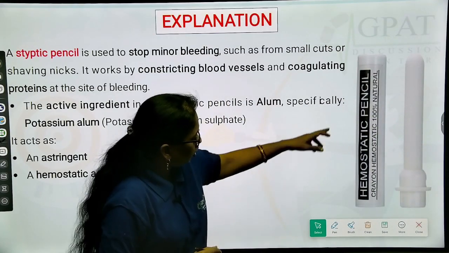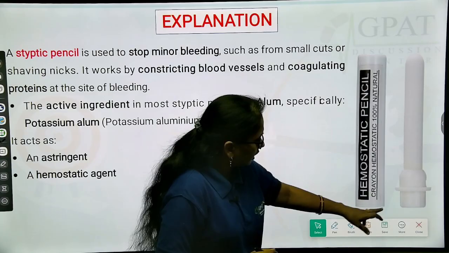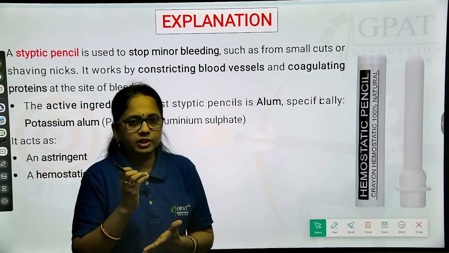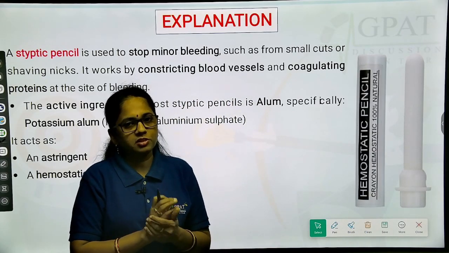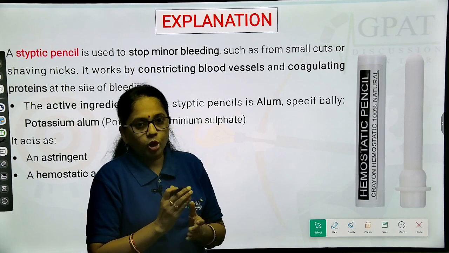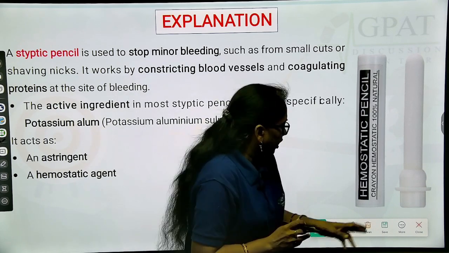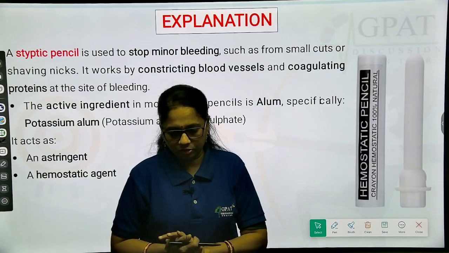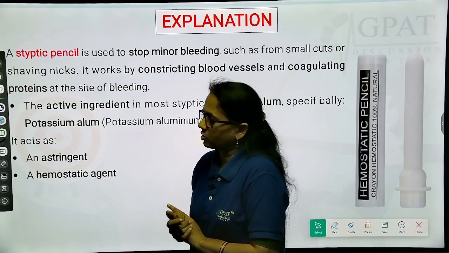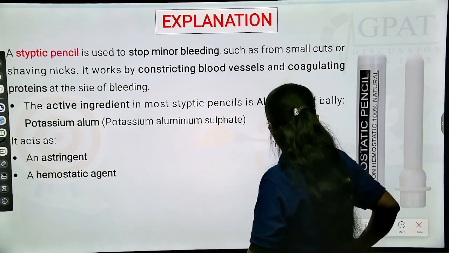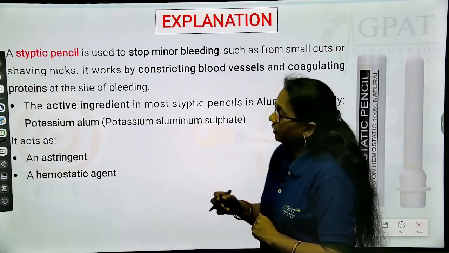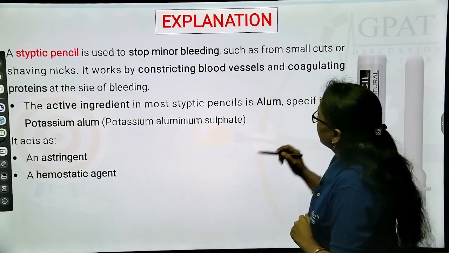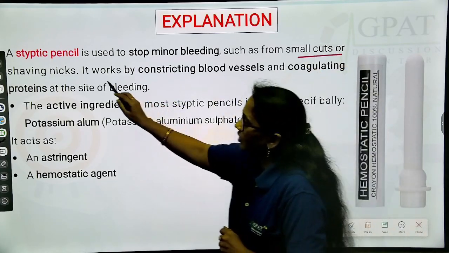This is just a normal pencil-like one. If you put it on any type of minor cuts and burns, it is going to stop the bleeding. It is a crayon, hemostatic, 100% natural. This hemostatic pencil, also called a styptic pencil, is used to stop minor bleedings such as small cuts or shaving nicks.